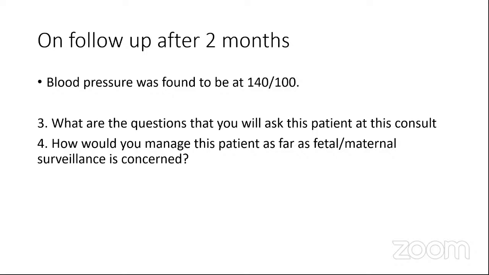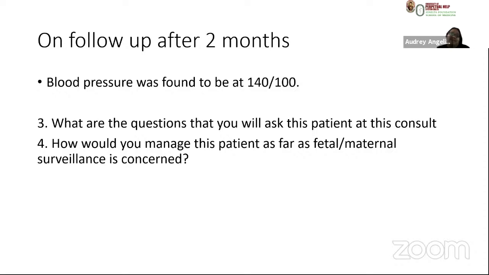Ma'am, it might signify that the patient might be having signs of preeclampsia or eclampsia, because the BP is not within normal range. What can you say about the age of gestation? Is it expected that at around 28 weeks, your blood pressure would increase? And why is that so?